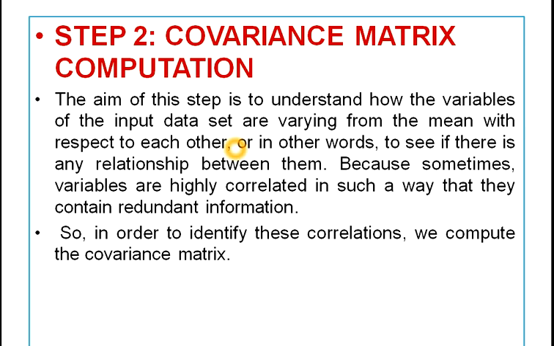Sometimes variables are highly correlated in such a way that they contain redundant information, and our motive is to reduce that redundant information. So, in order to identify these correlations, we will compute the covariance matrix. I hope you know what a covariance matrix is. If you don't, it doesn't matter, I'm going to explain it to you.